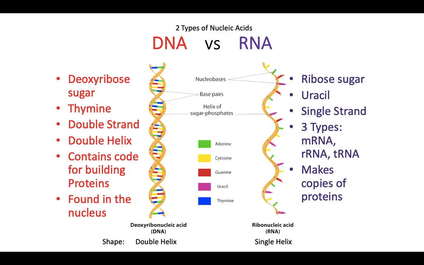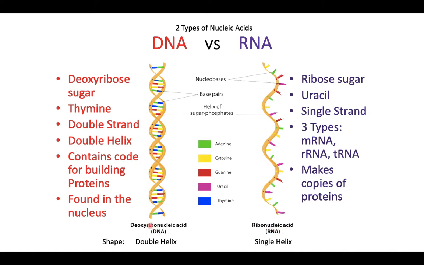So let's start with filling out the chart that you have in front of you in your note taker to fill in the characteristics of DNA and RNA. So here we see a picture, and let me get my laser pointer. So here we see a picture of DNA, and notice that DNA stands for deoxyribonucleic acid, and RNA stands for ribonucleic acid.